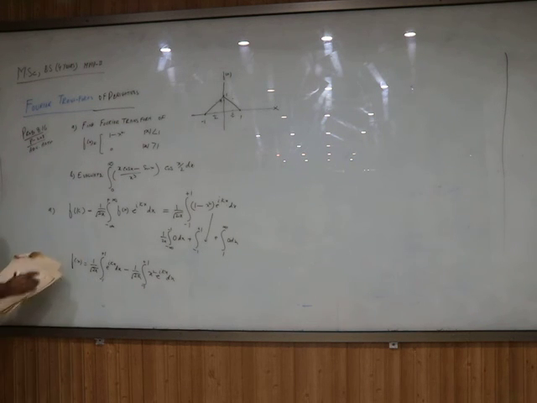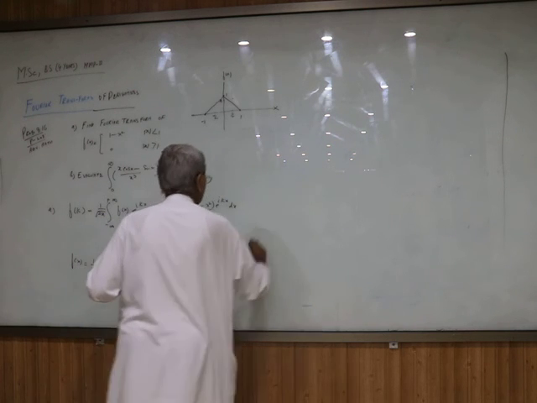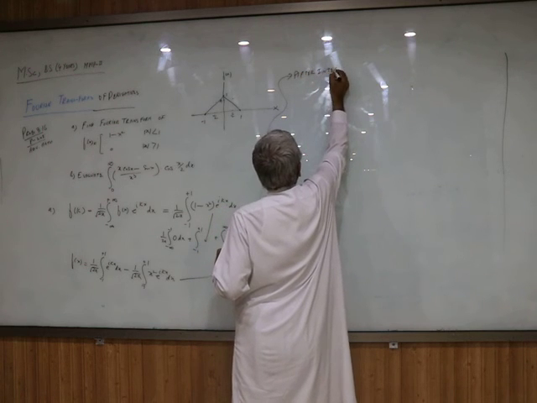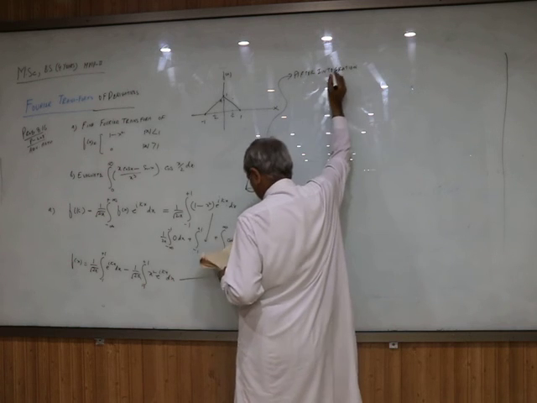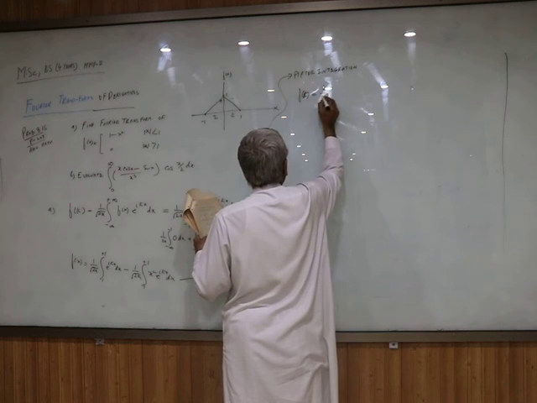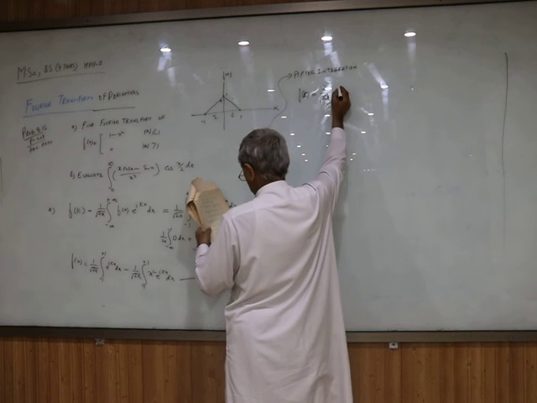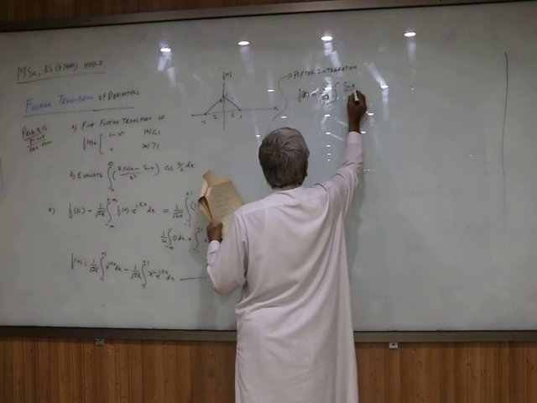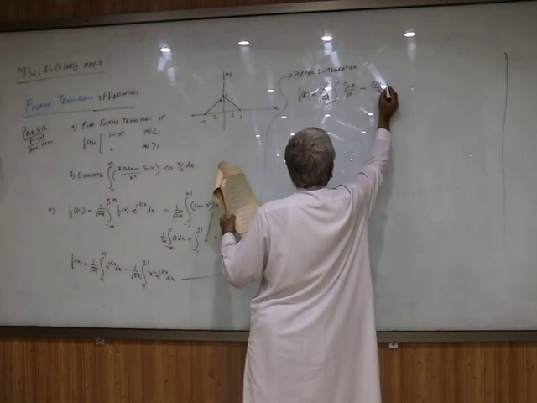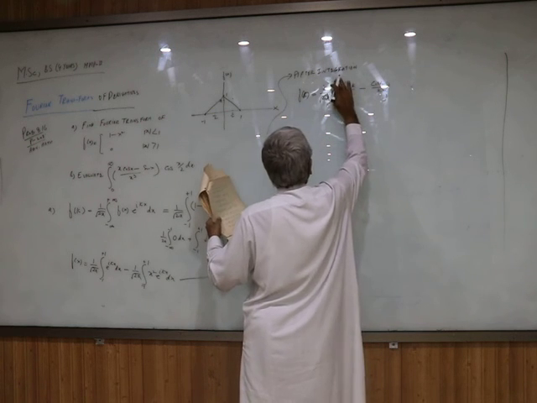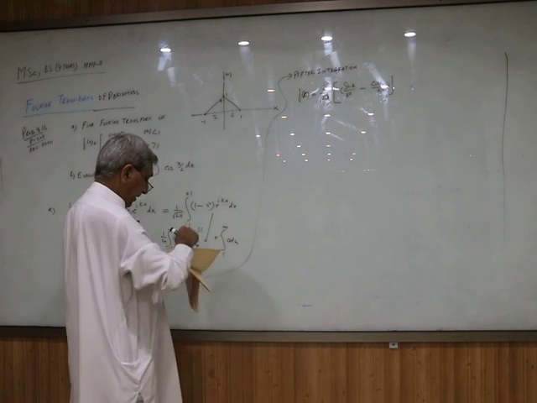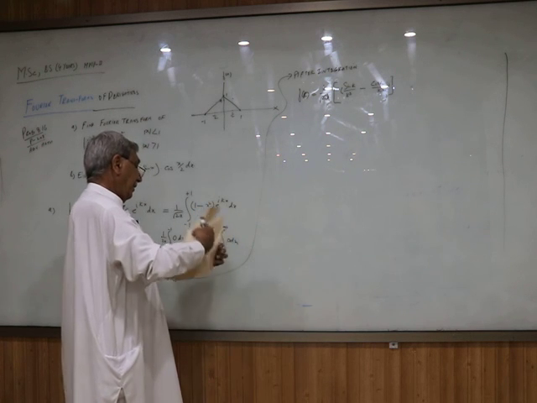If you solve it, then put the limit, your answer will be, after integration, F(k) is equal to 4 over square root of 2 pi, times sine k over k cube minus cosine k over k square. That is the Fourier transform of f(x).